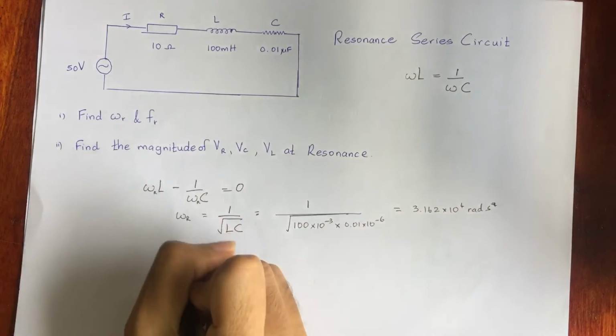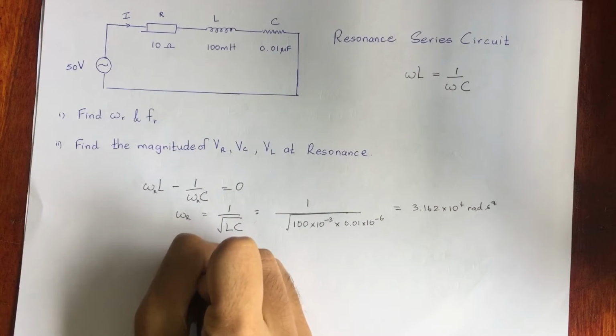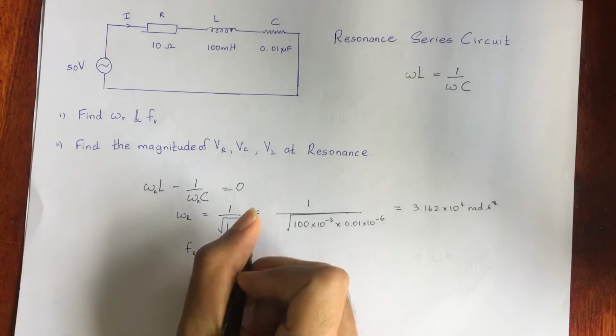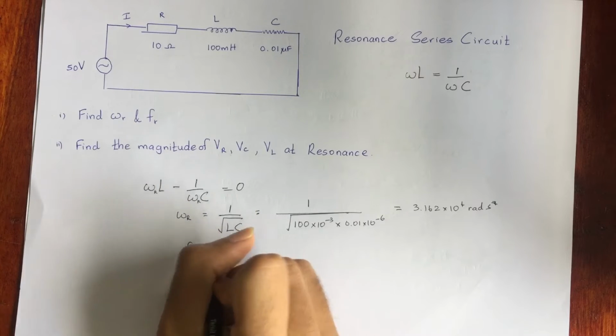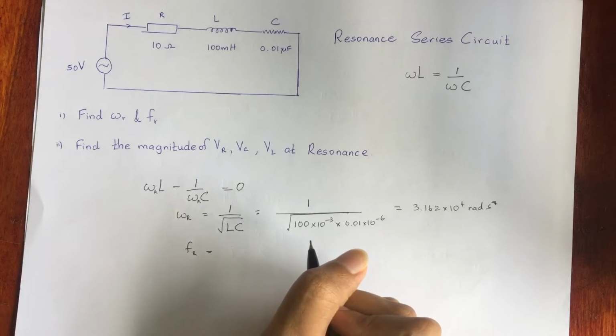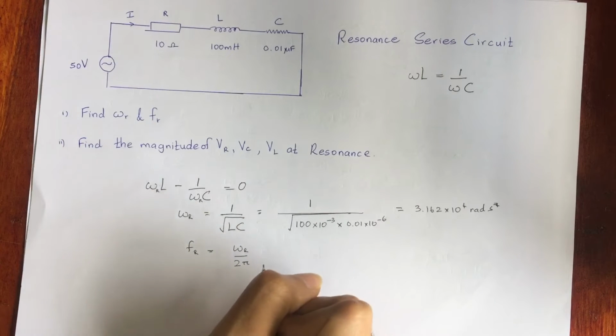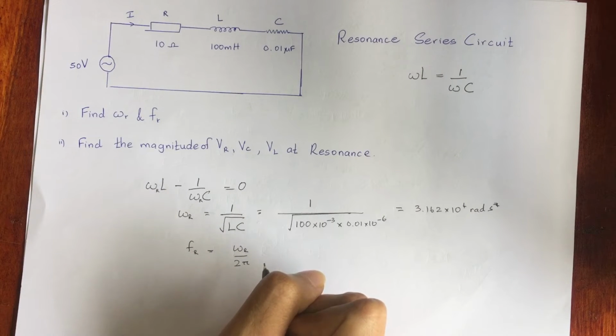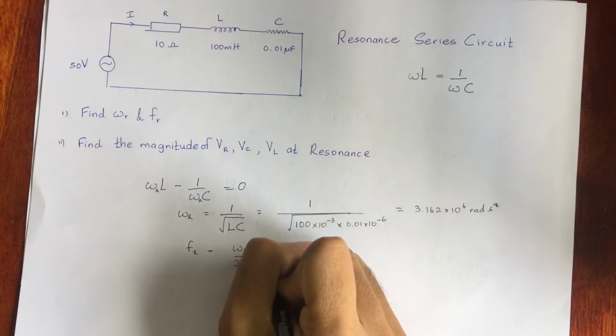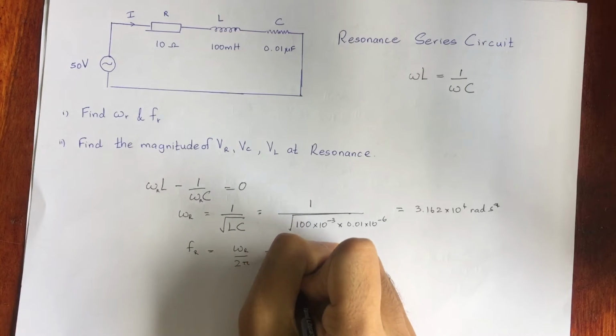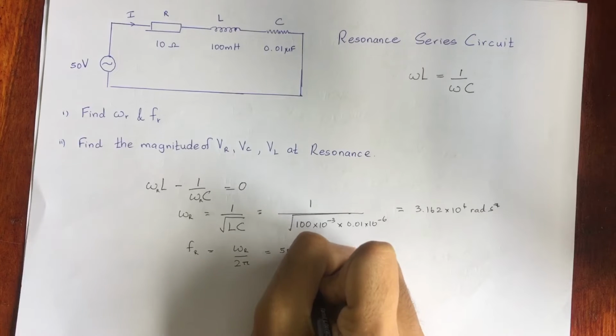From this, you can find the frequency F of the resonance series circuit: omega equals 2 pi F, so F is omega R over 2 pi. If you simplify these, you get the frequency at resonance, which is 5030 Hertz.